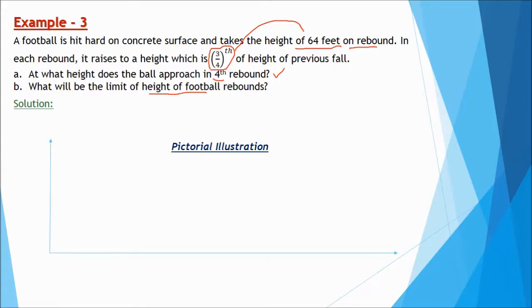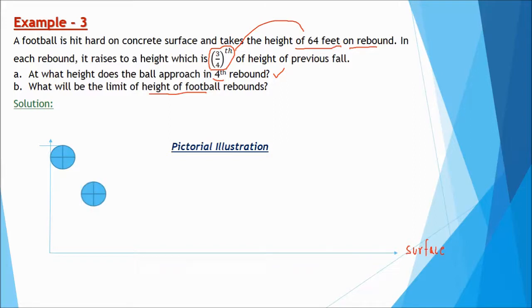You can see this is the concrete surface. When the ball was hit hard on the ground, this is the first height attained by the ball, here 64 feet.